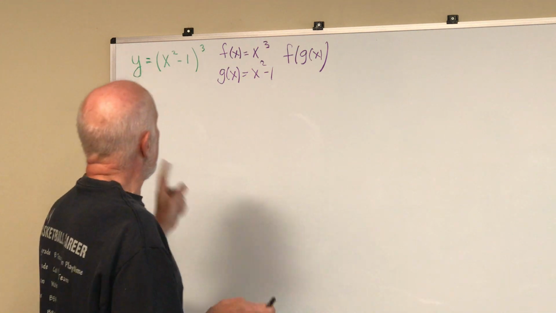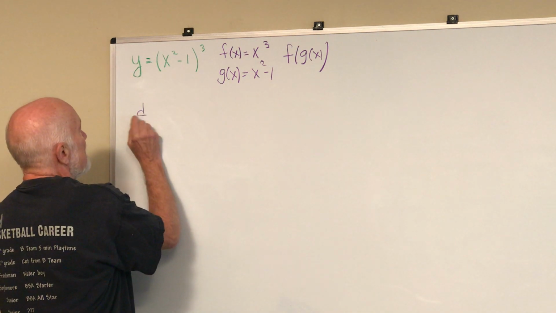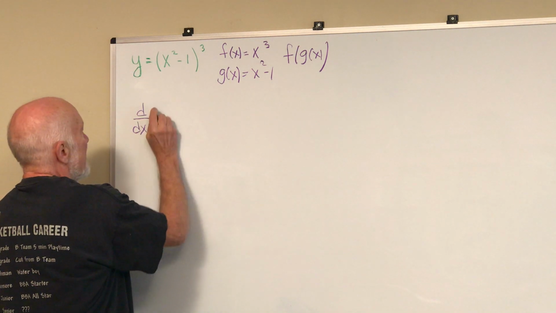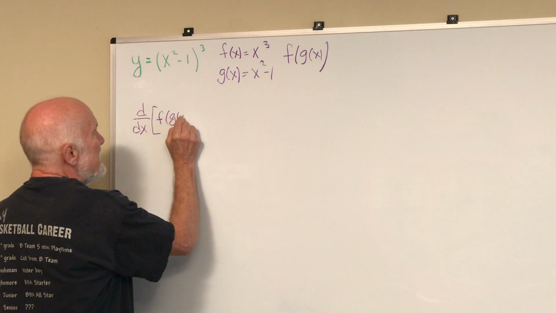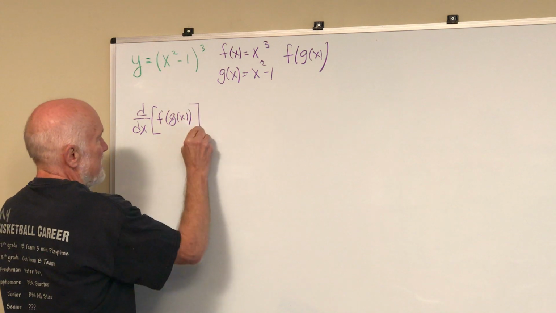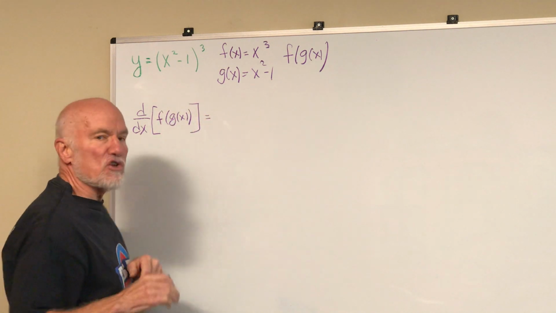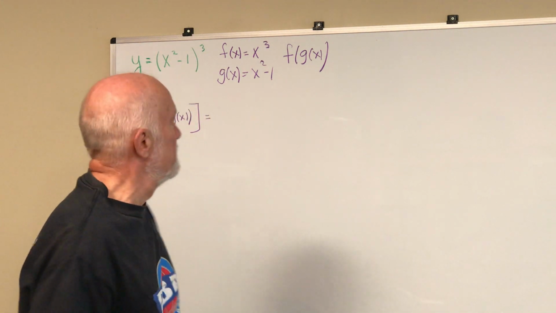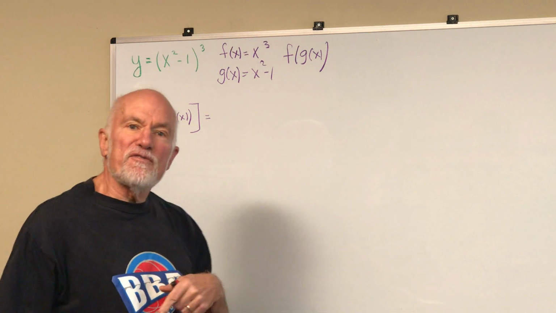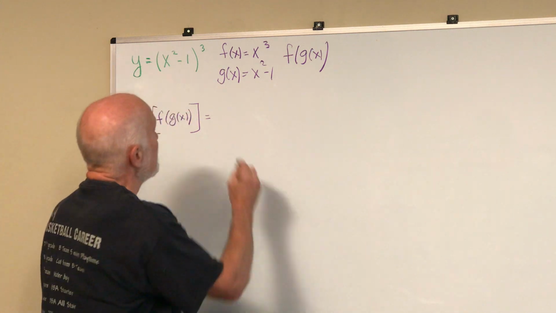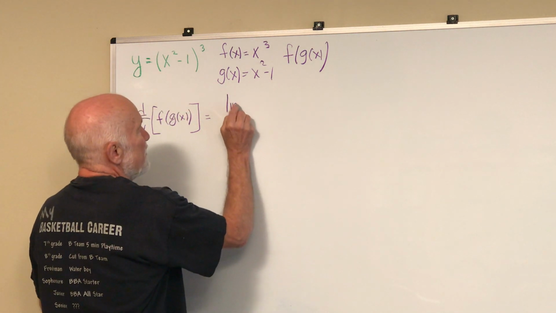So in general, let's try to come up with a formula to take the derivative of any composite function. And that will just open up all kinds of avenues. So, the only way we have of taking the derivative of a function is our limit definition.